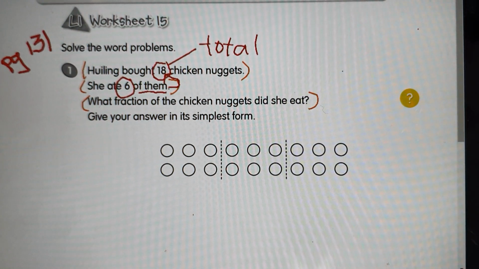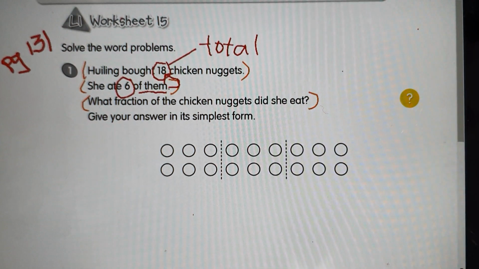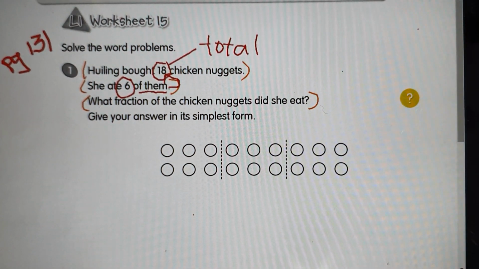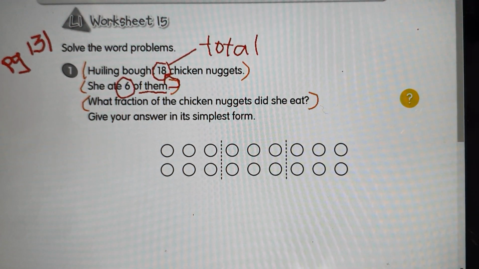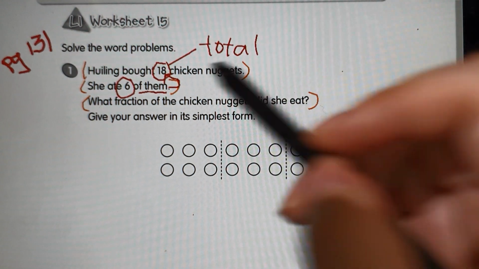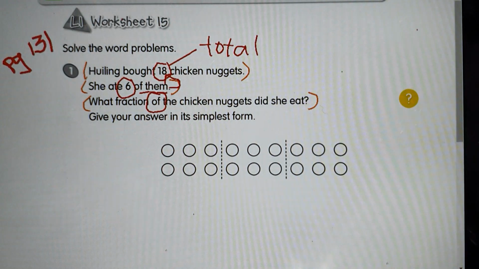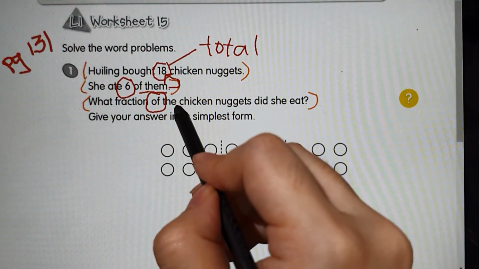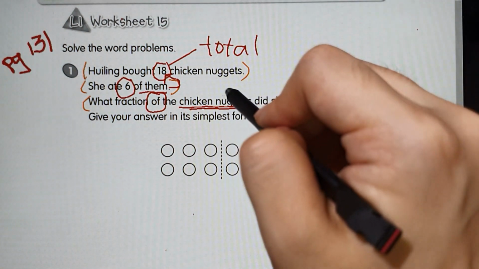If we recall what we learned in the previous lesson, when you see the question, what fraction of the chicken nuggets did she eat, you can actually already determine what your denominator is, simply based on the question. So, you look out for the word "of", and I know that whatever comes after the word "of" is going to be my base.